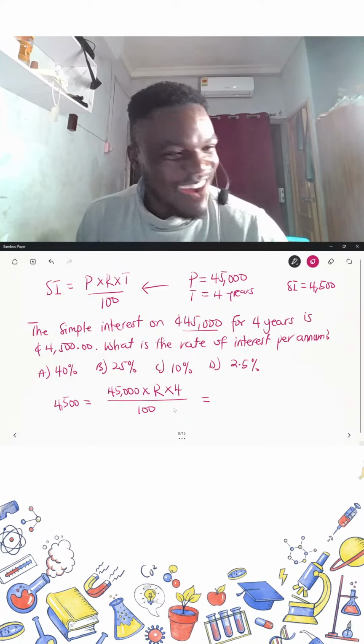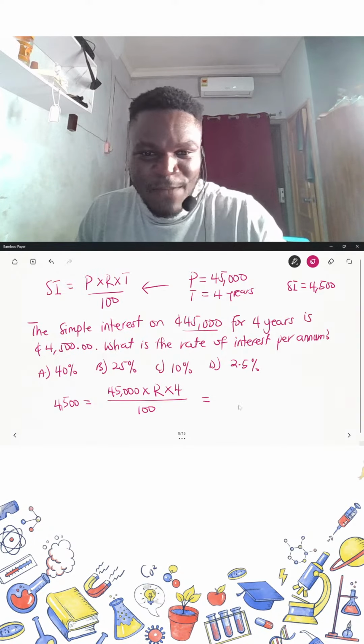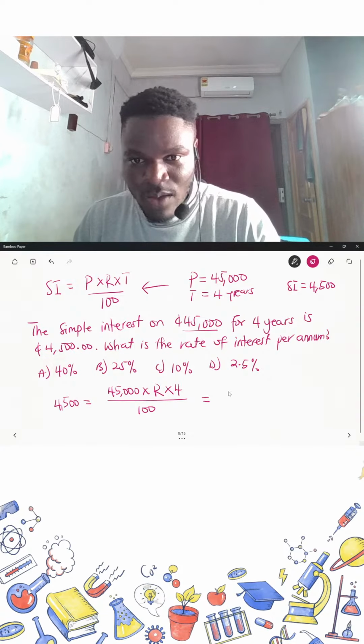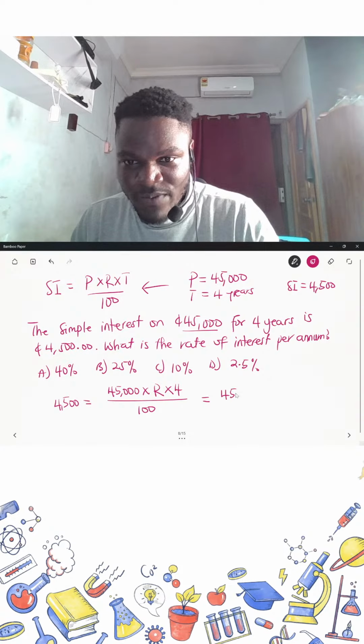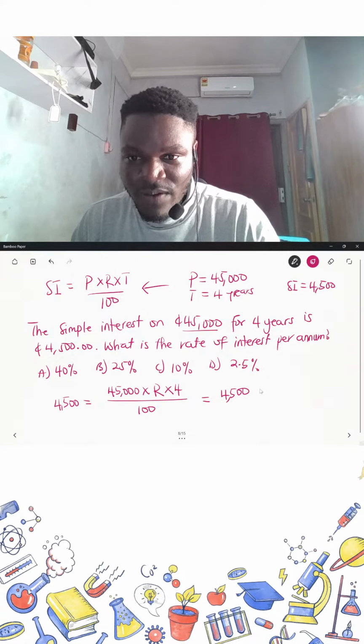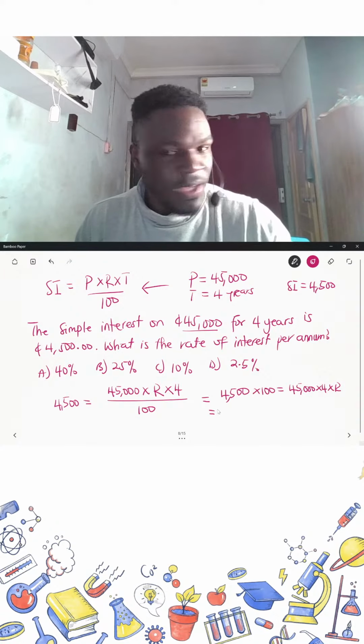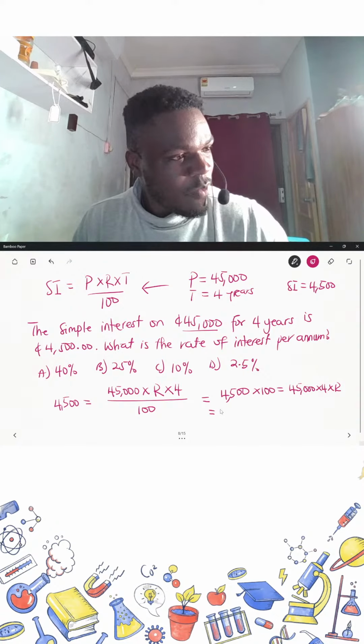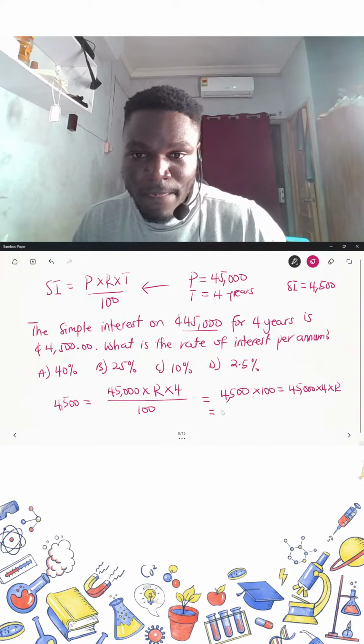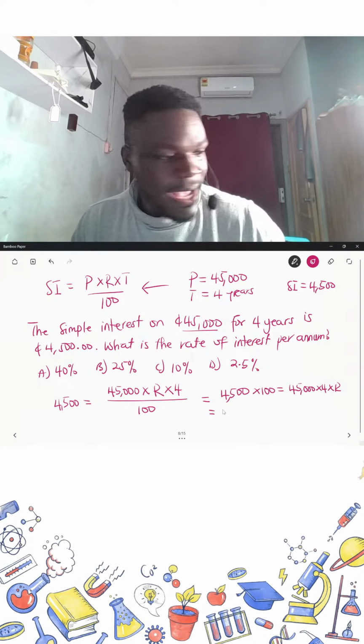We will now get 100 multiplied by 4,500 is equal to 45,000 multiplied by 4 multiplied by R.